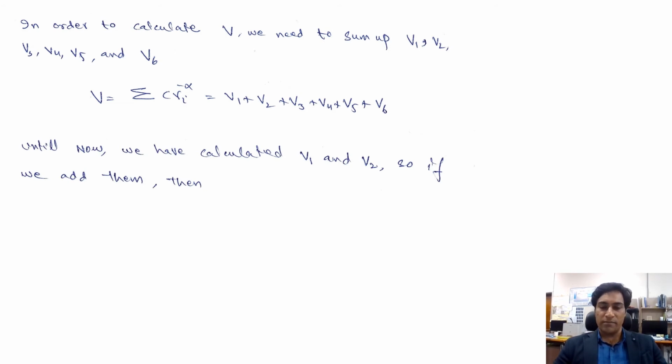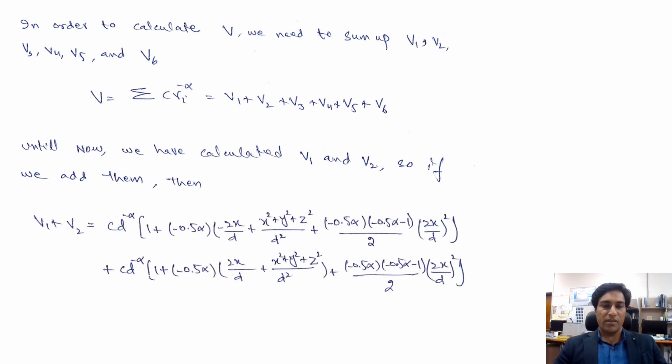If we add them, then the relation will be like this: V1 plus V2 is equal to c d minus a into 1 plus minus 0.5a into minus 2x over d plus x square plus y square plus z square over d square, plus minus 0.5a into minus 0.5a minus 1 over 2 into 2x over d whole square.